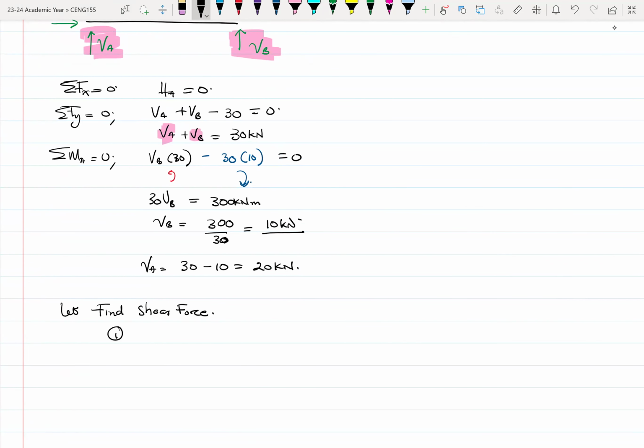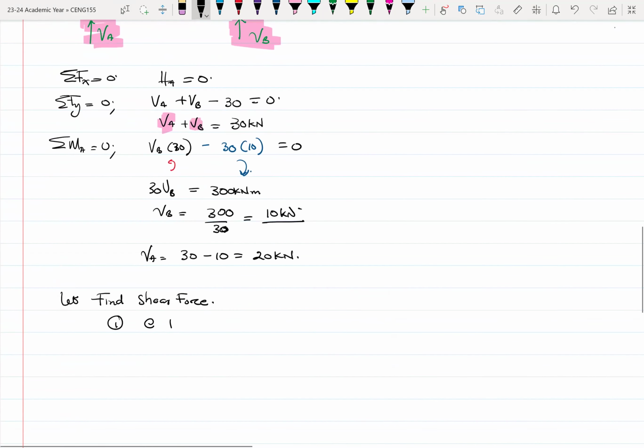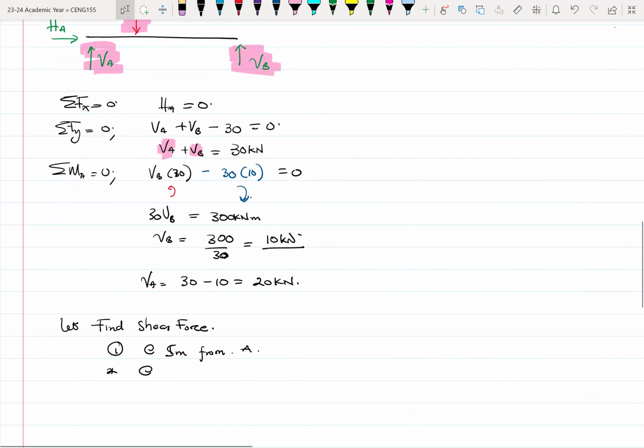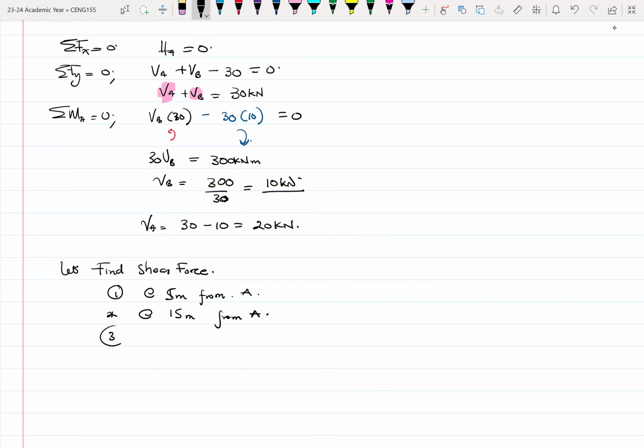Let's say one at 5 meters from A. Then two, 15 meters from A. Then three, we find a shear force at 10 meters from A. Then four, we find a shear force at 30 meters.